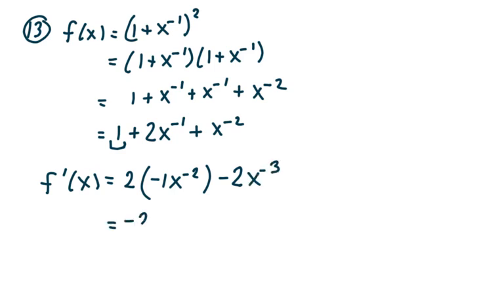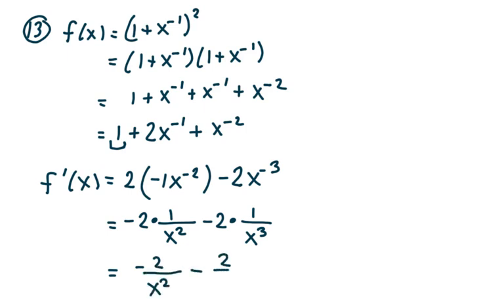So this is negative 2 times 1 over x squared minus 2 times 1 over x cubed. And so this is negative 2 over x squared minus 2 over x cubed.